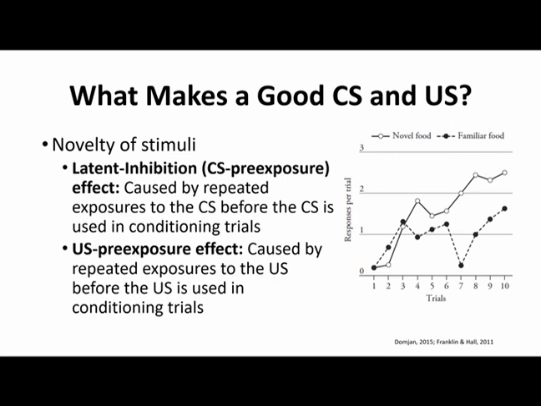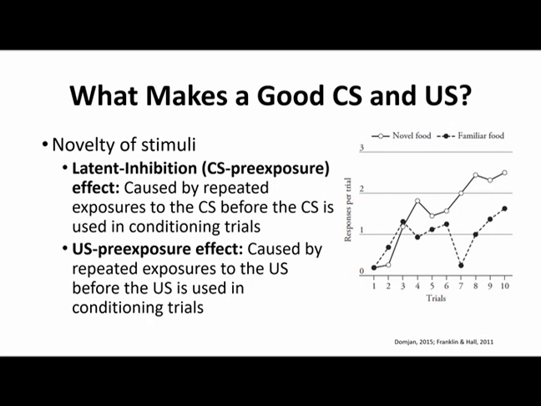It's not giving us any extra information, and so it can be safely ignored. At least that's what our brains think. So this latent inhibition process is going to tell our brains that we can ignore that conditioned stimulus even when it becomes associated with something later on. And so that leads to much slower learning.